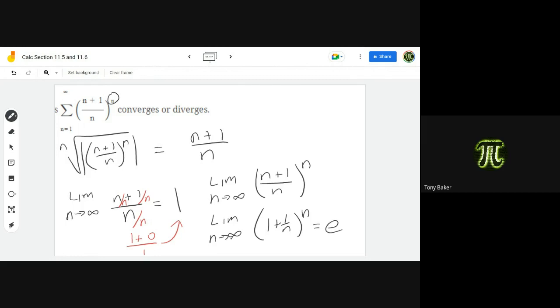That is e. Since the limit does not go to 0, this diverges. And this was the test for divergence. Remember, for the test for divergence, the limit has to go to 0. If it doesn't go to 0, it diverges. If it goes to 0, I've got to try something else.